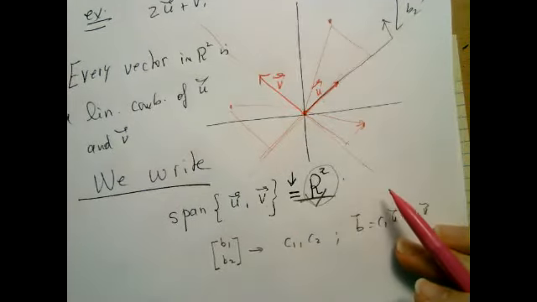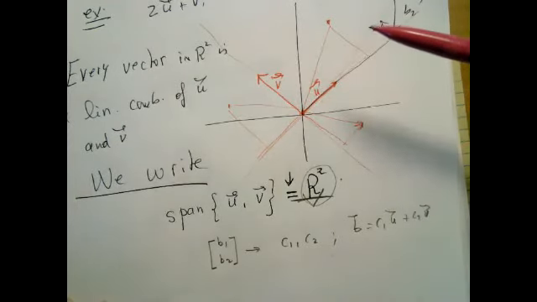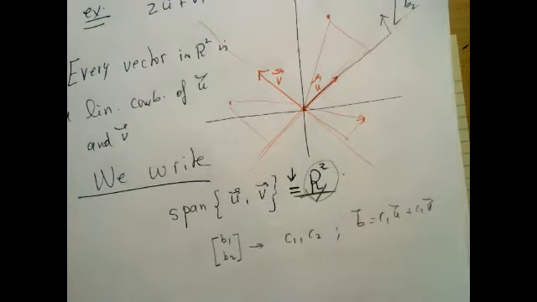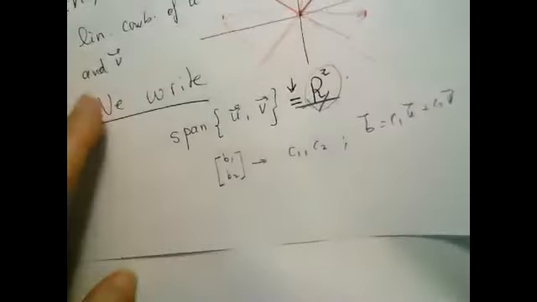Now, there was nothing special about my vectors U and V. There is one thing which is special, which I will point out in a minute, and then we can generalize this idea. So I'm going to ask you the following question. I will keep this on the board. So example number whatever.